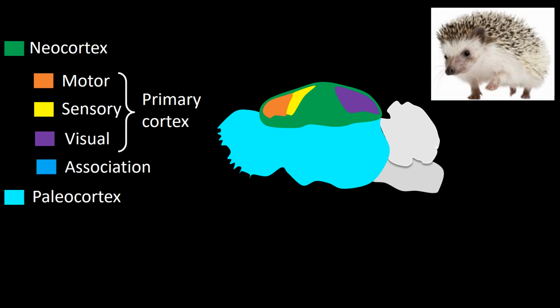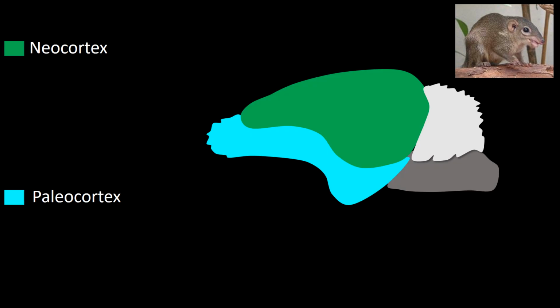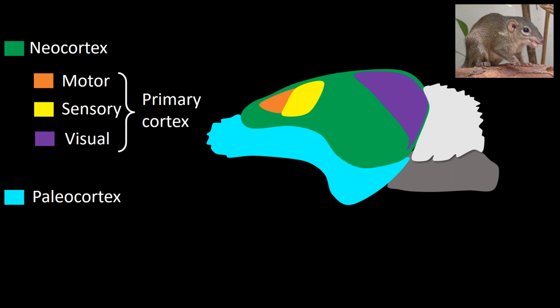The association cortex, that is the cortex that integrates the information from the primary cortices in these animals, occupies the rest of the neocortex. The tupaya has probably more neocortex than paleocortex, and the primary cortex has the same distribution.